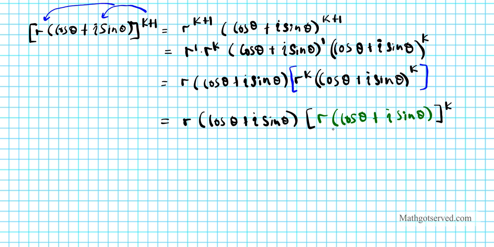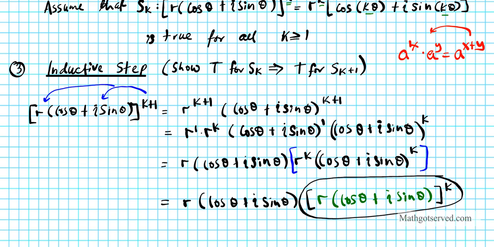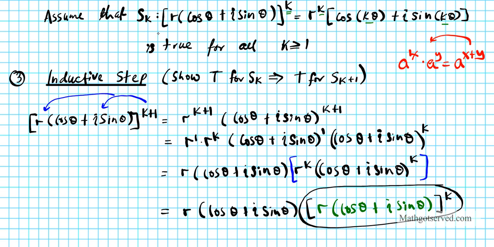So now, check this out. This expression that we have right here, r cosine theta plus i sine theta to the k power, what does that look like? Let's zoom in on this piece right here. This thing that we have highlighted right here is similar to the left side of our assumption.